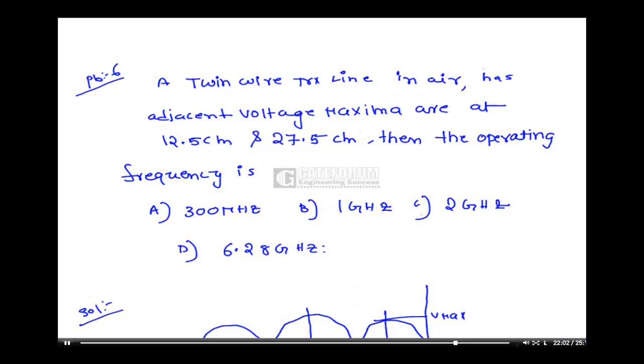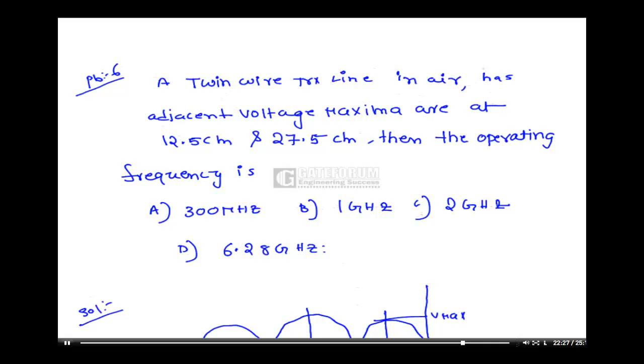We know that in a transmission line, for every lambda by 4, the properties change. We discussed this when we were discussing open circuit and short circuit case.